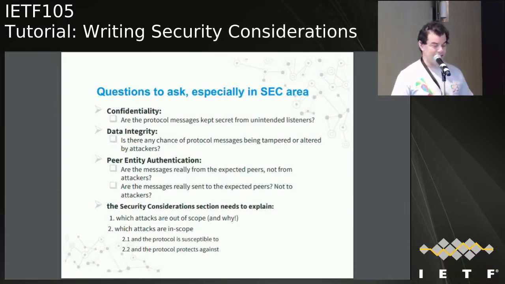And are the messages really sent to the expected peers and not to attackers? The security considerations section needs to explain which attacks are in scope and which are out of scope, and why they are out of scope. The attacks in scope are those that the protocol is susceptible to and those that the protocol protects against.